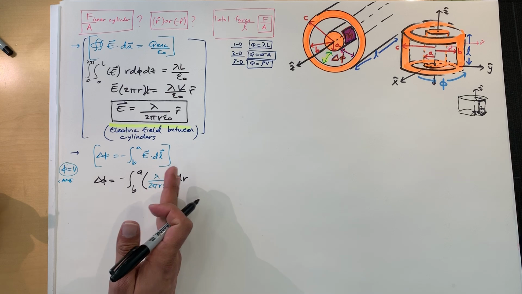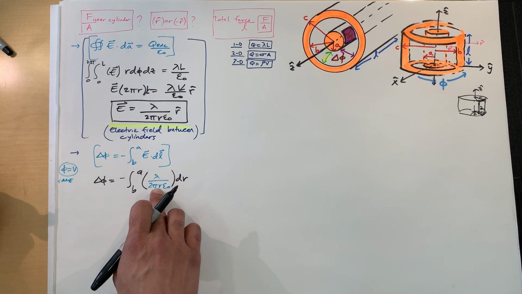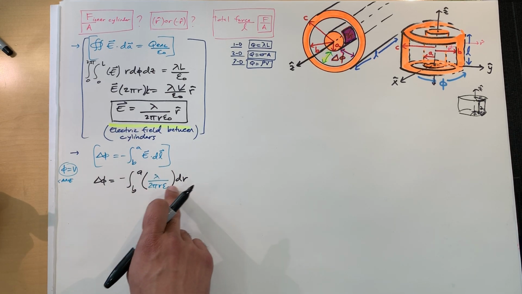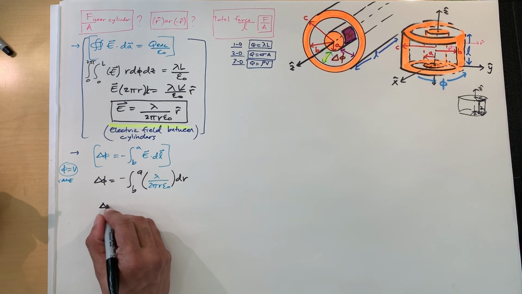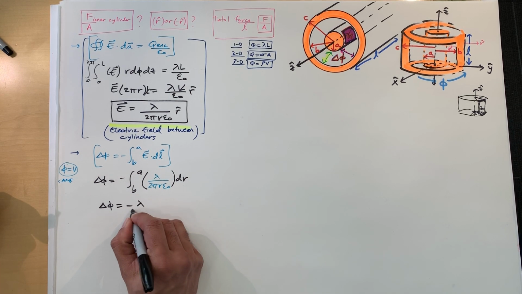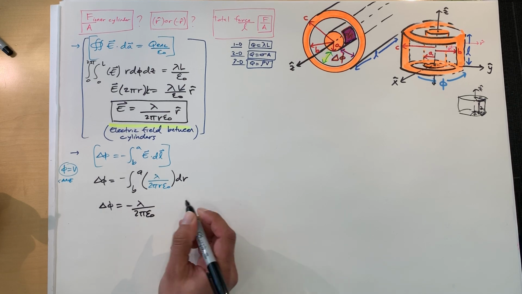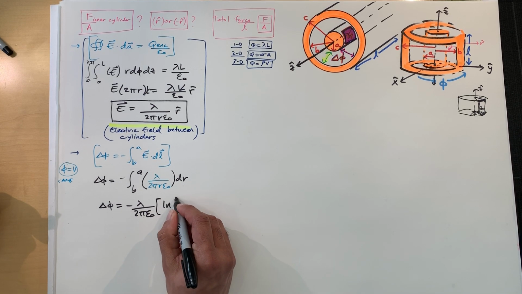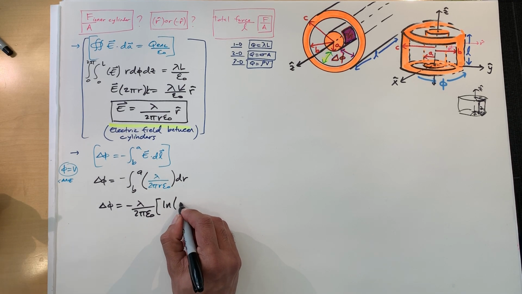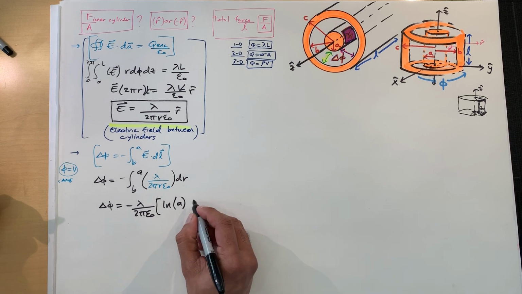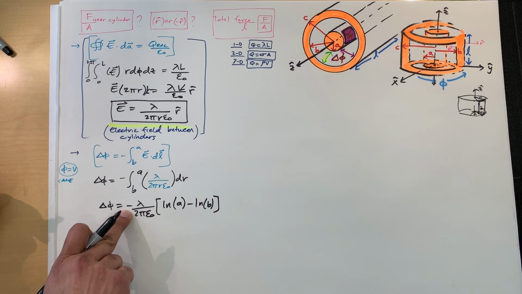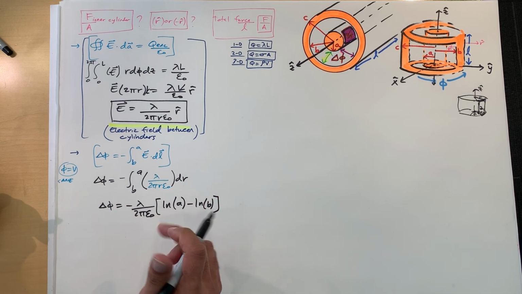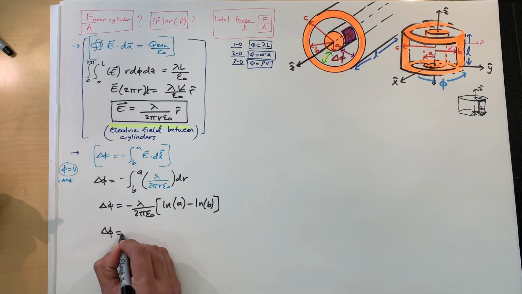We can take out everything, and we have 1 over r dr, so that's ln. And we're going to have negative lambda over 2 pi epsilon naught times ln of A minus ln of B, but this negative changes and rearranges things.